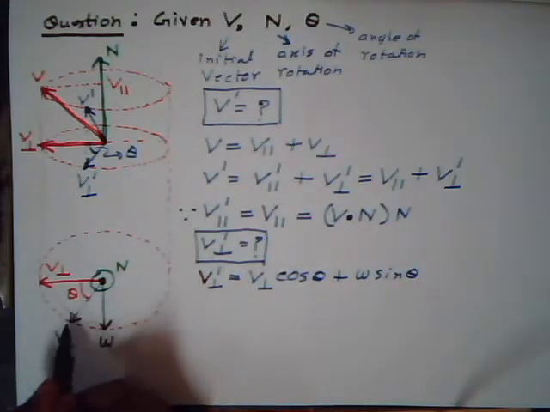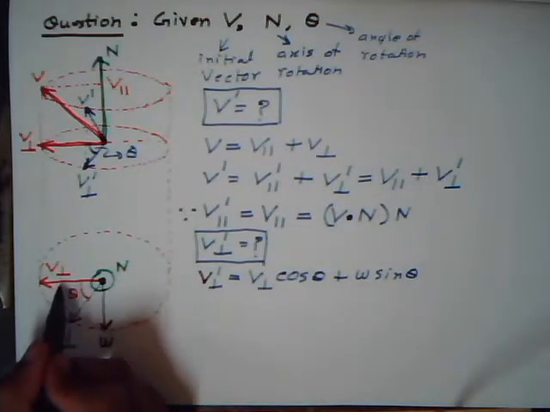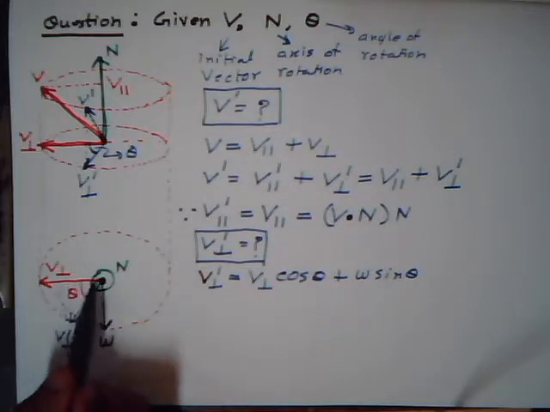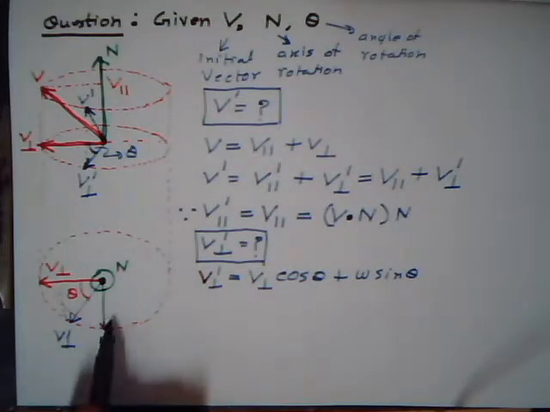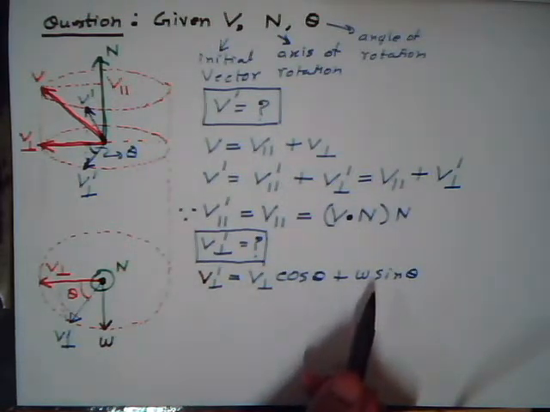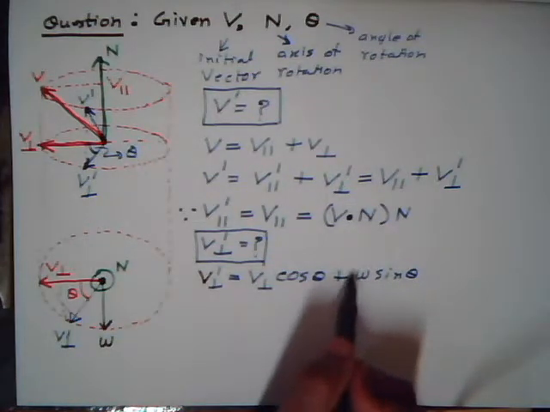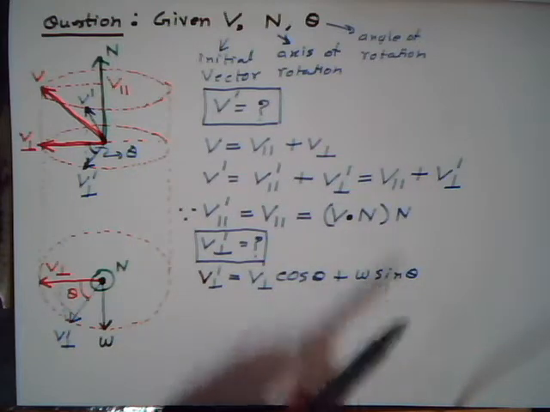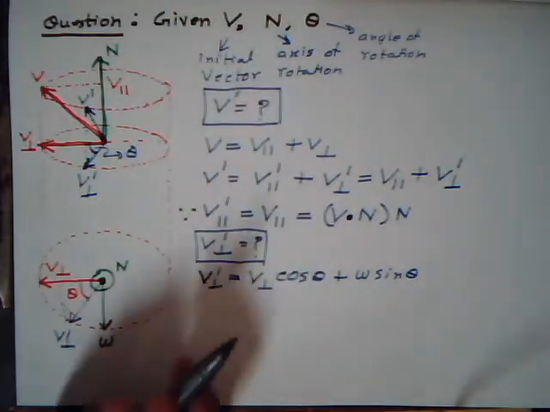This is because if I resolve v prime perp into two perpendicular components, one along v perp, another along w, then this component is proportional to cos theta and this component is proportional to sin theta. So this equation holds true. Now I need to get the value of w in terms of the known quantities like v, n, etc.